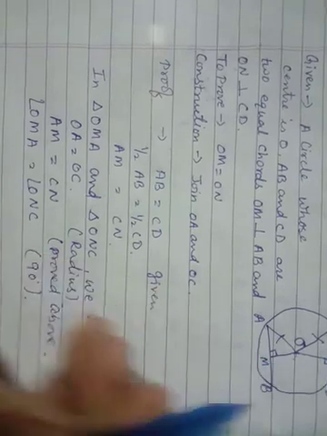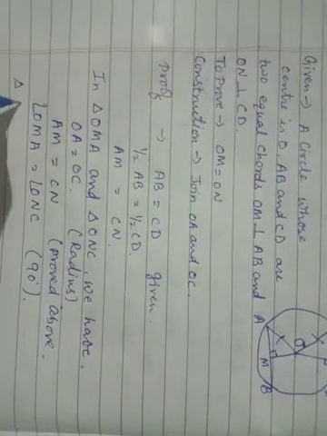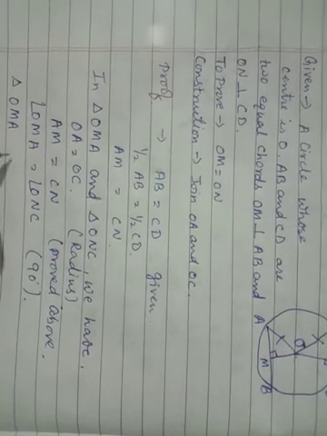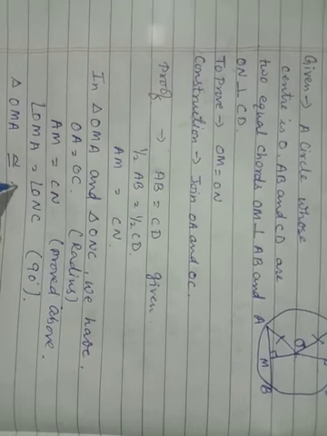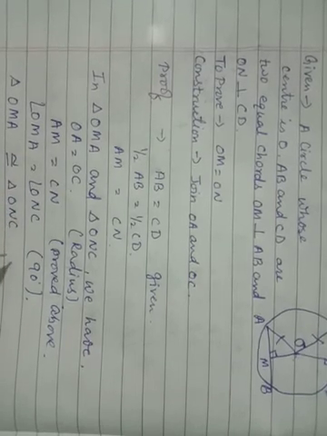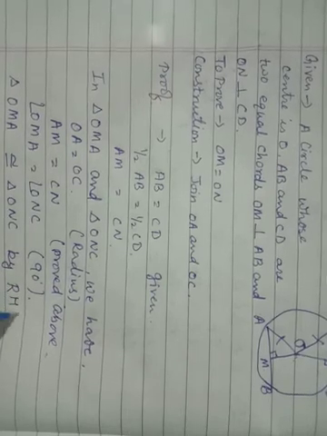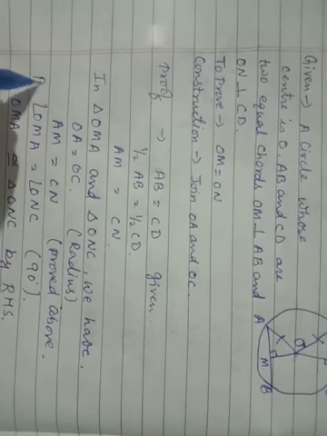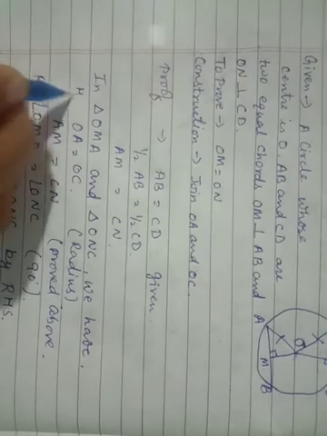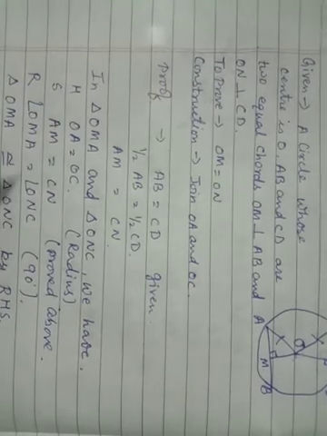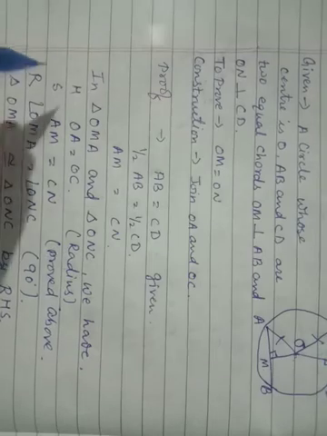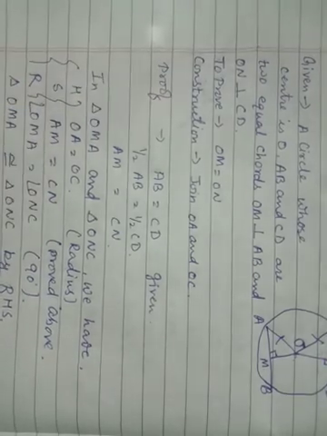So we can say that triangles OMA and ONC are congruent by RHS. This is R, this is H and this is S. By RHS, our triangles are congruent.